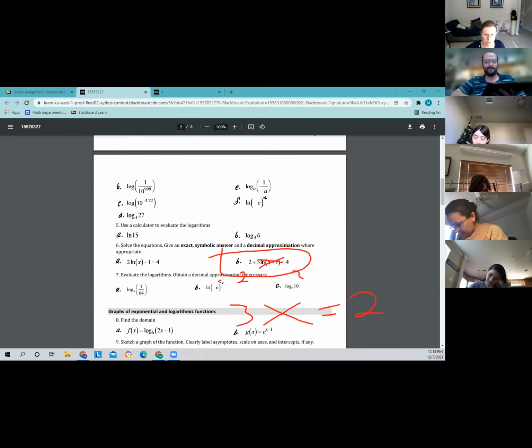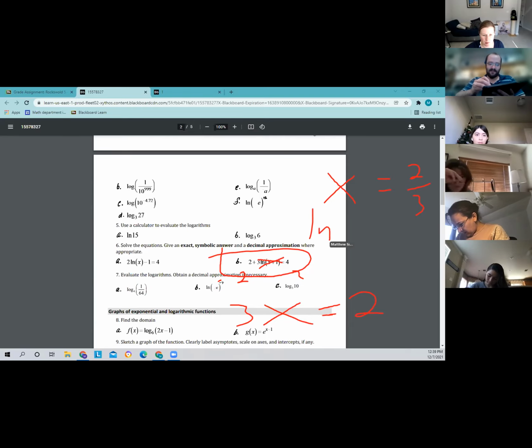So what's the next step? Get rid of the 3. How do I move the 3? Divide by 3. So I got this big thing right here. This big thing is really ln of x plus 1 equals 2 over 3.